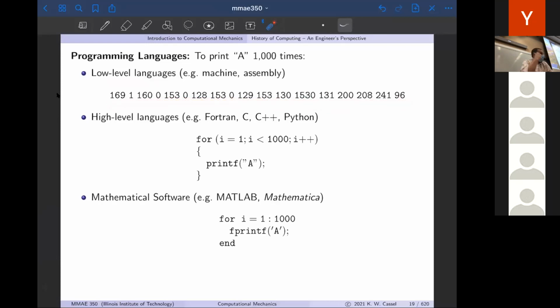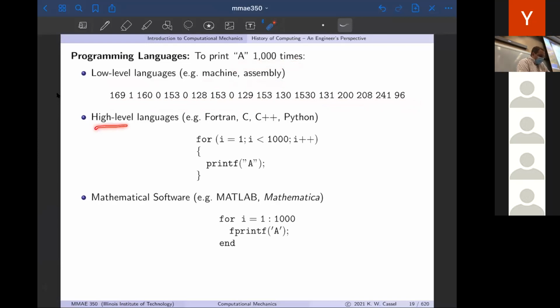There's no way that you could remember that this trail of numbers is the correct trail to print the letter A 1,000 times. This was called machine or assembly code. So you basically had to write the code in the language that the computer speaks.